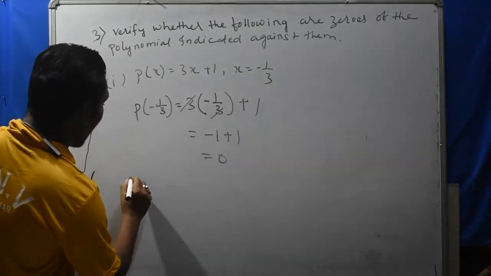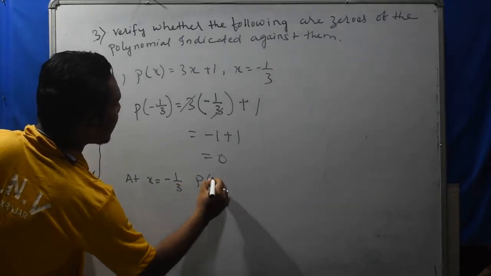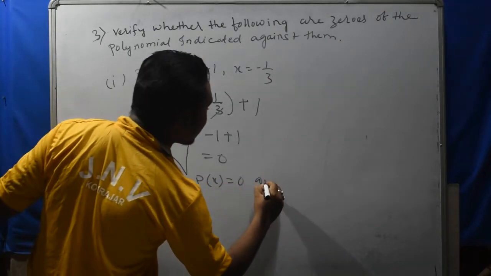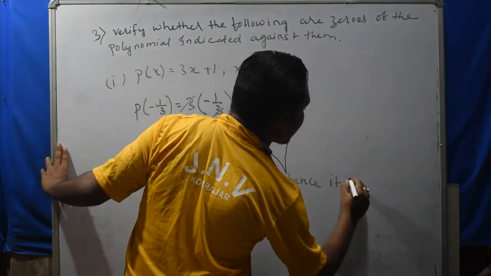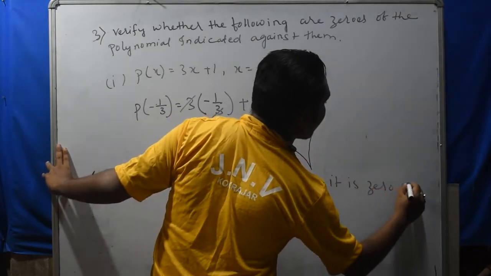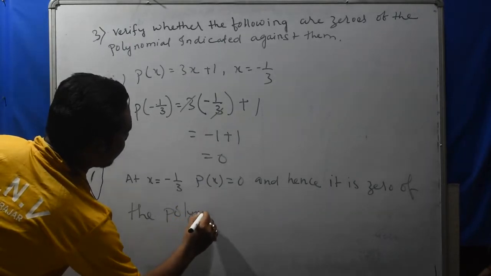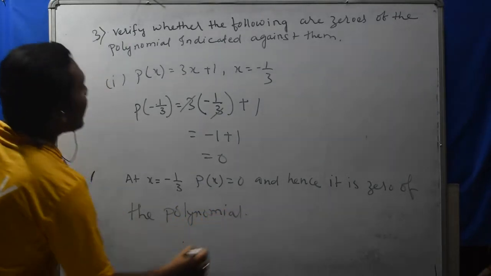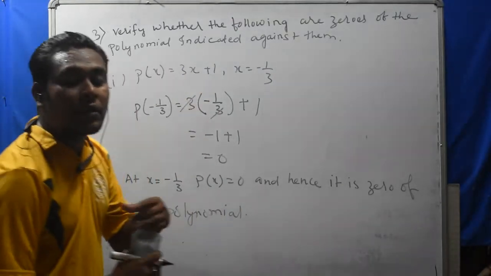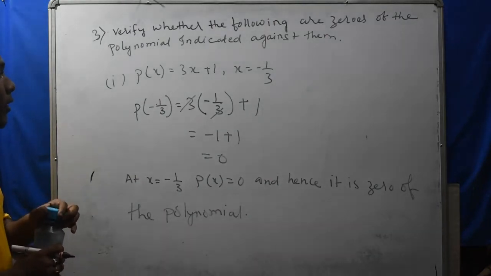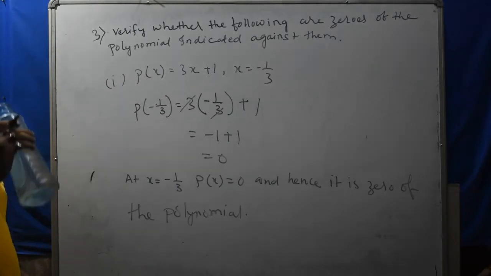Yes, at x equal to minus 1 by 3, p(x) equal to 0, and hence it is the zero of the polynomial. Rest are similar, so I think you can do it. If you cannot, just text me or WhatsApp me. I will solve it and give it to you in the video or on WhatsApp.